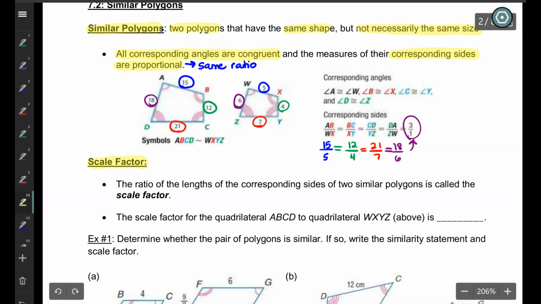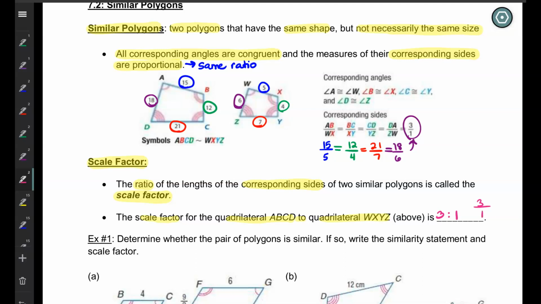Scale factor. That's basically the ratio of the corresponding sides. So in this last example, the scale factor for quadrilateral ABCD compared to quadrilateral WXYZ is 3 to 1. Of course, you can write it as a fraction. It doesn't matter to me.